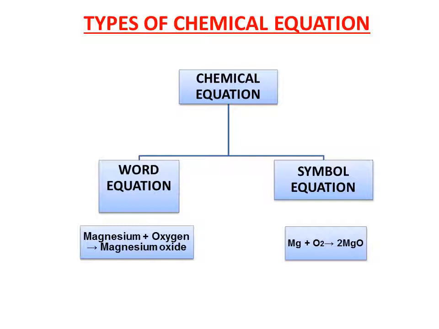You're writing in full words. A symbol equation means you are writing symbols, like Mg plus O2 forms 2MgO. So it is a symbol equation. But this equation is not balanced here. You have to balance the equation by putting 2 in front of magnesium. Later on we will study balancing of chemical equations.